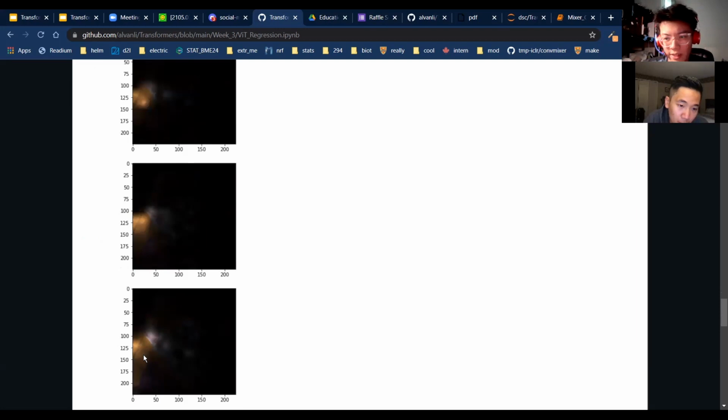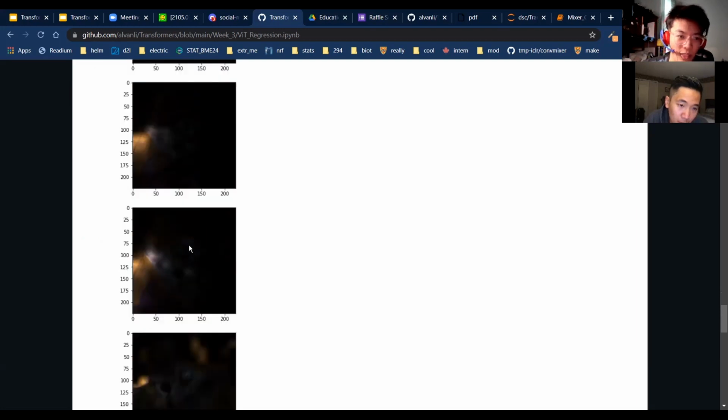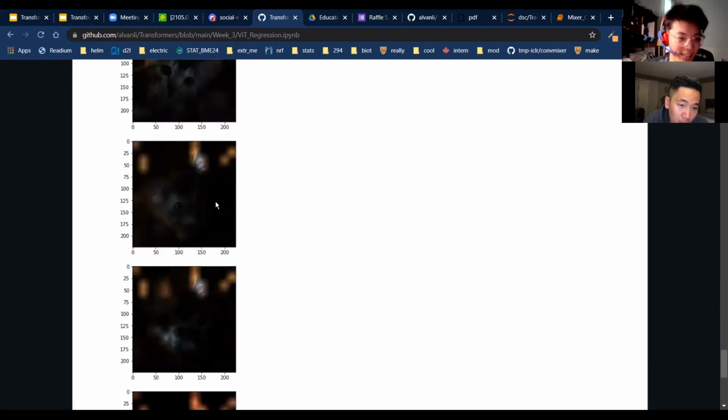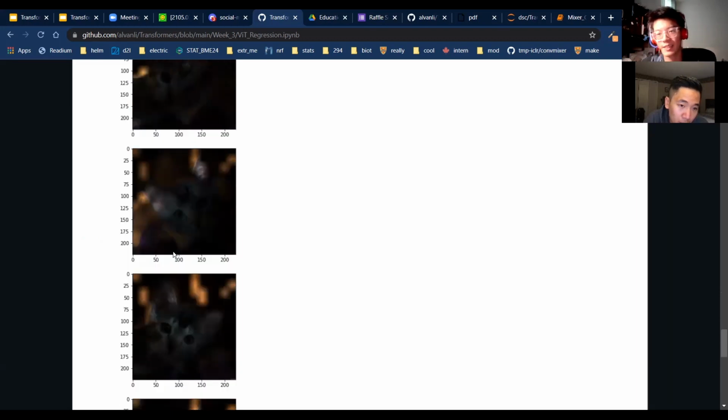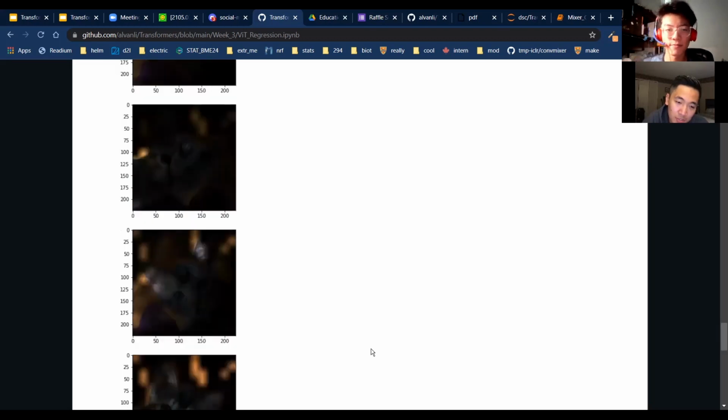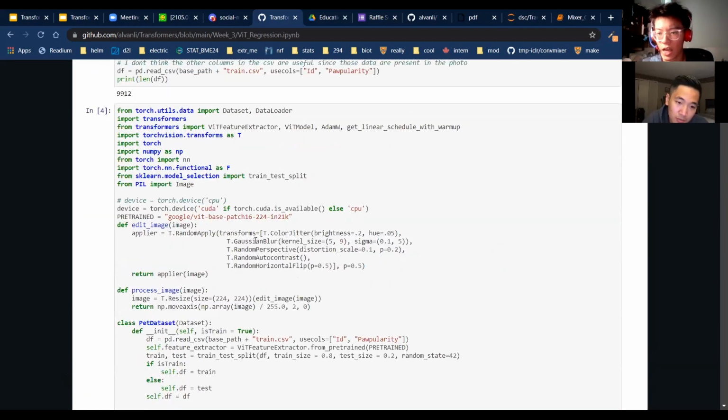You can see some of them aren't really paying attention to anything specific, but in this one it's paying attention to the eyes of the cat, and for this one it's the ears. Yeah, it's just visualizing attention. Sometimes it might not point to things that we're looking at. Like this one is just the floor, but maybe it's useful for other images where they have text in the background. Interesting.